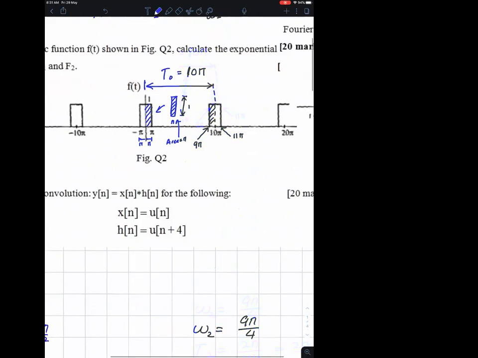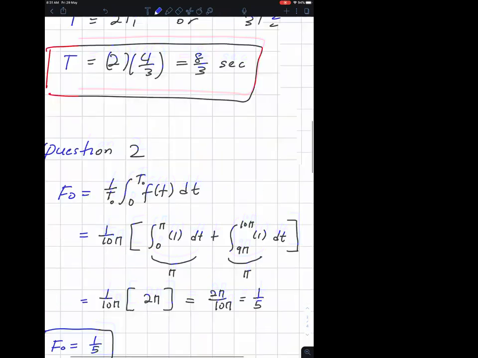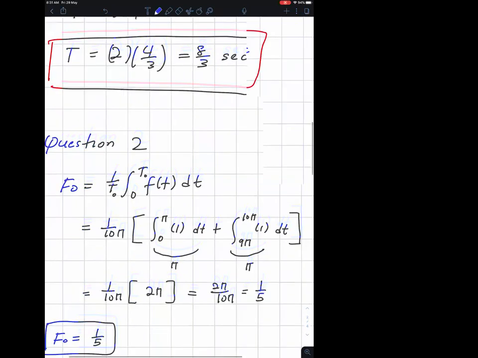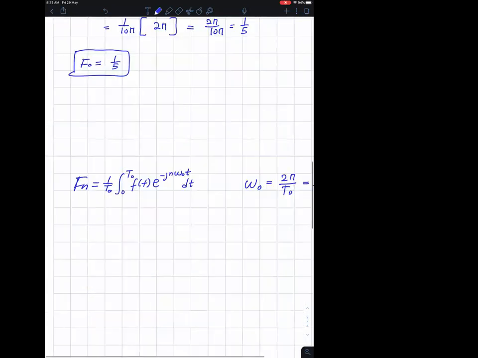Just now you said n pi or 10 pi. 10, sorry. So 10 pi, 2 pi over 10 pi. So omega naught is 1 over 5 radians per second.